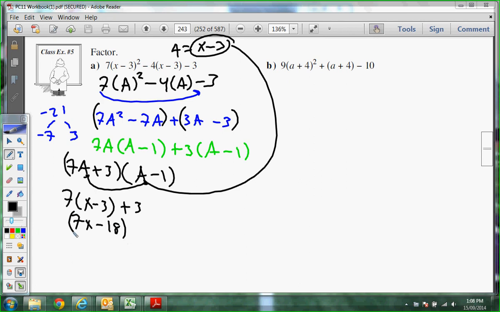That's what that simplifies down to all the way. Okay, then we have a minus 1. So this one is going to be x minus 3 minus 1. So what's that leave us with? x minus 4. And that one's done.